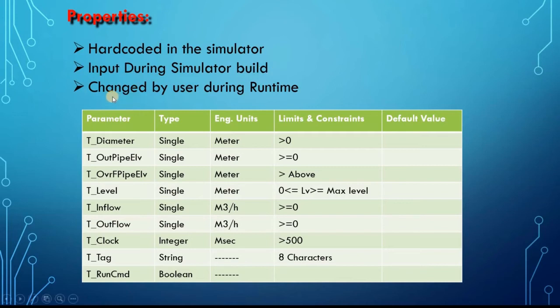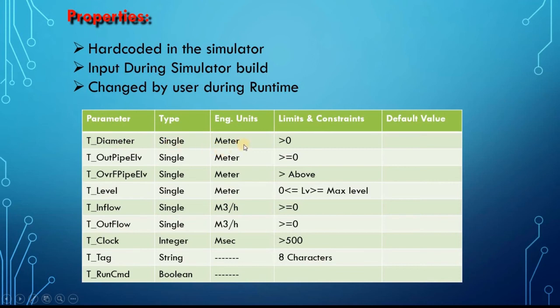Then you think about some properties you have to change during runtime. When you do a simulator, you do it for a reason. You do it for testing something. So you think, okay, what if my pipeline elevation increased by 2 meters? That simply means the operator, when he runs the simulator, needs access to change this elevation. Think about the parameters in a table, and for each parameter, give it a name and give it a type.